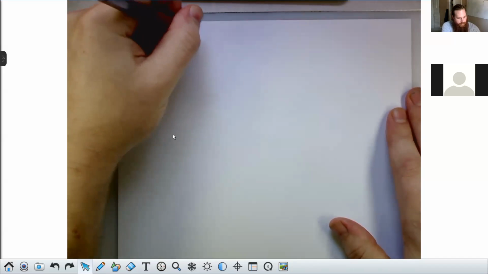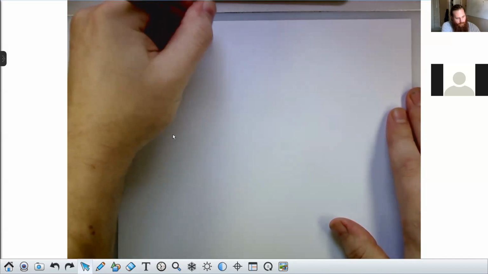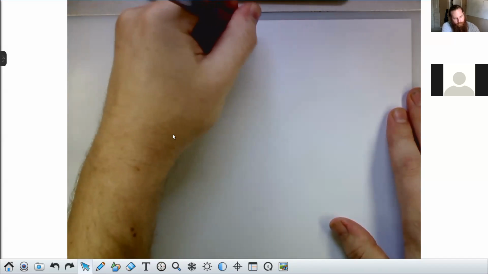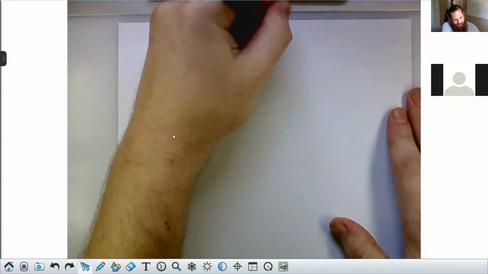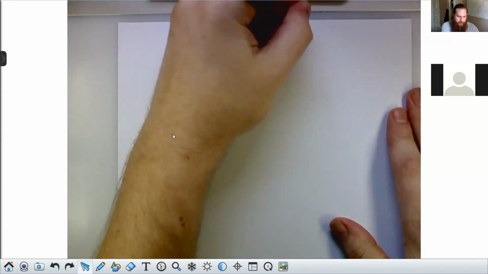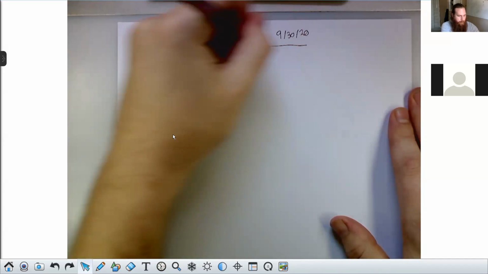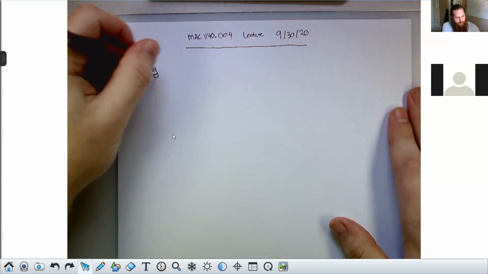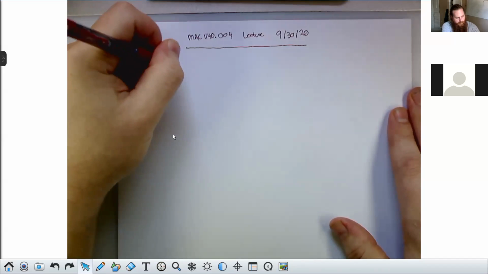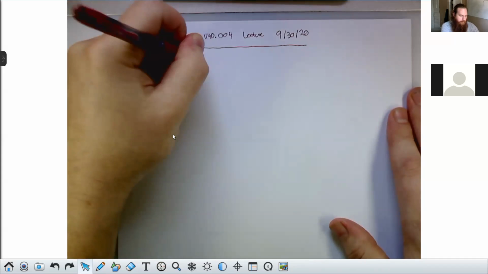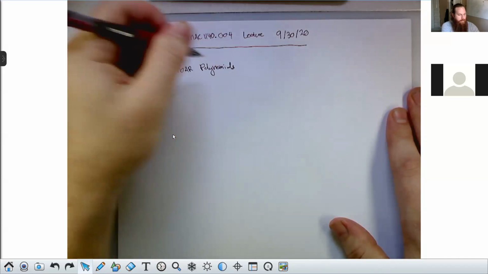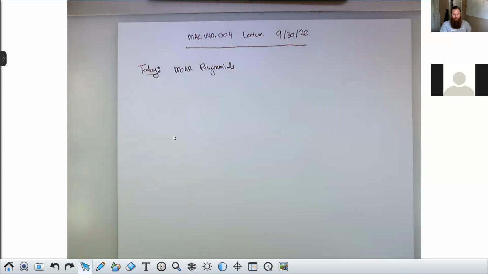Today, we're going to continue our discussion of polynomials. So last time, we learned how to complete the square.